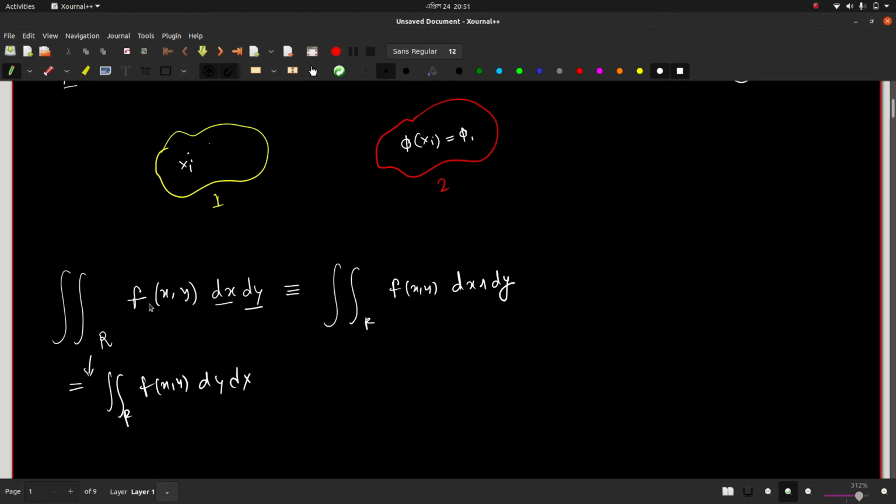But for that, this function has to have some nice properties, and most of the functions we deal with in this course will have that property. So from an ordinary calculus point of view, there is no difference, but here on the right hand side we have this wedge product, right? And we know that wedge products have this antisymmetry built inside of them.